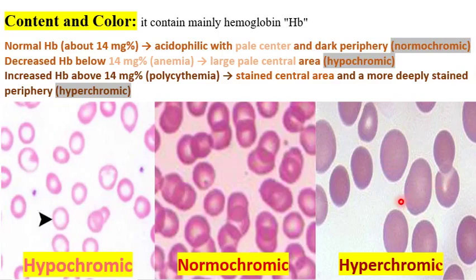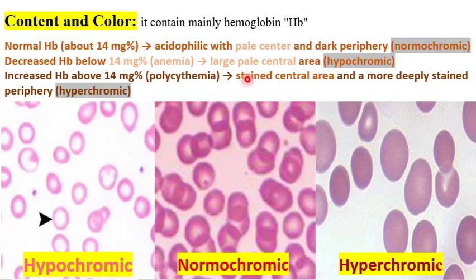So again, a change in hemoglobin content will change the color of RBCs stained by Leishman stain in a blood film. In a normal cell with normal hemoglobin content, it will be acidophilic with a pale central area and dark periphery.